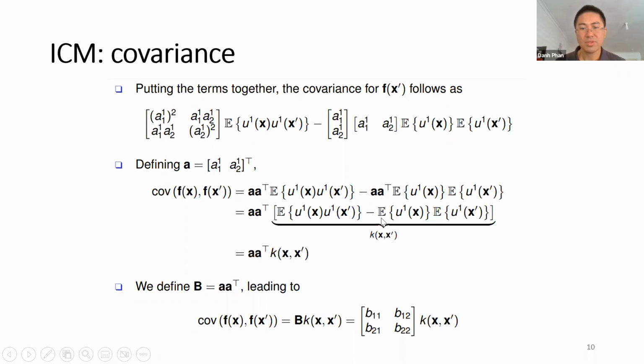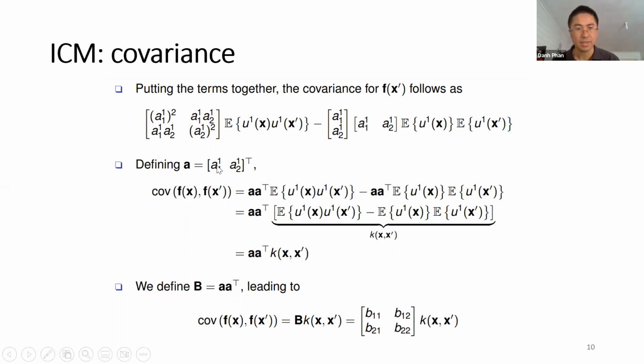And because they have the same Gaussian process from the Kx prime before, we can form it like the covariance of Fx and Fx prime here equal to A multiplied with A transpose. A here is the vector we have when we transform the E1 H to F1H and E1 H to F2H, right?